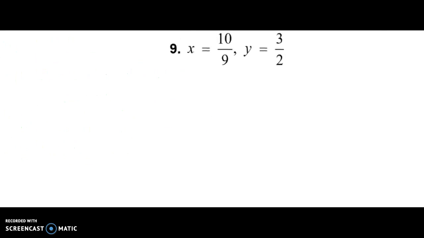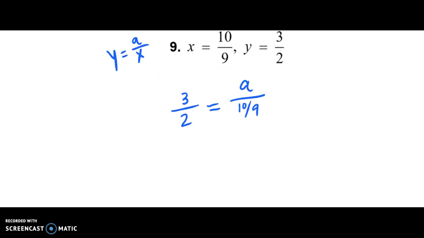Moving on to number 9. So once again, we're plugging in. Y is 3 over 2. We don't know what a is, and x equals 10 over 9. Now to get rid of this 10 over 9 and solve for a, we need to multiply both sides by 10 over 9.